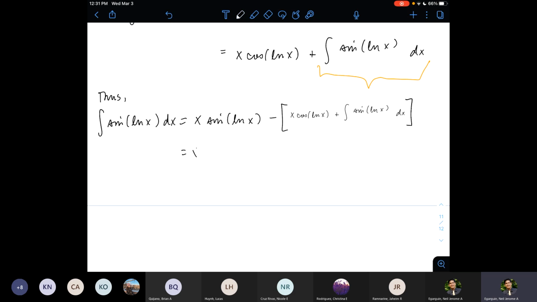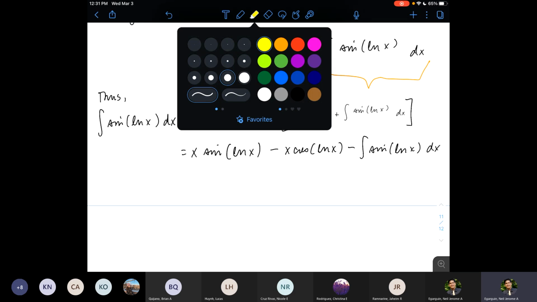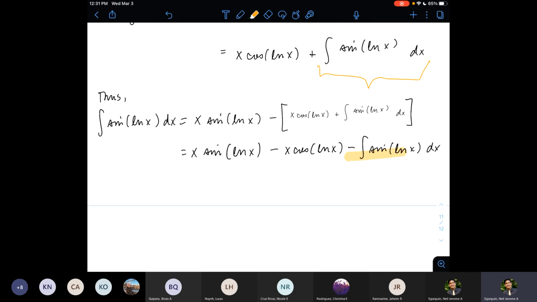All right. Then let's just perform the algebraic manipulations here. So I'll have minus x cosine ln x, and then minus integral of sine of ln x dx. And again, I'm a bit happier at this point compared to the previous problem, because you see, this is exactly the original integral, but it came with a negative sign out of the manipulations.